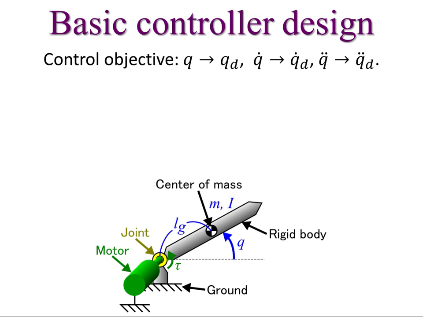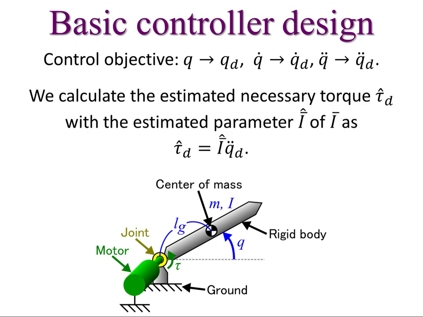The same is, of course, true for joint angular velocity and angular acceleration. Next, we calculate the torque required to generate the desired motion. However, unlike in the case of the computed torque method, the parameters of the robot are not known beforehand.